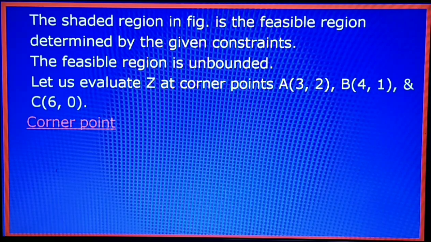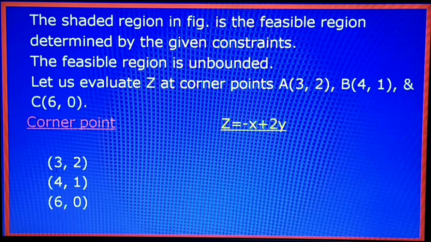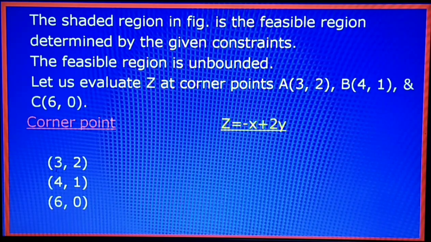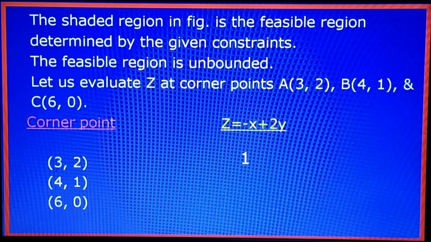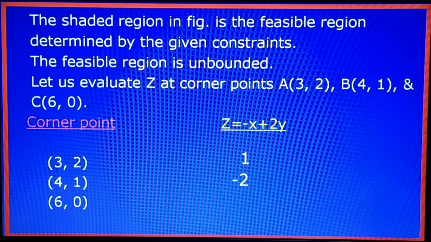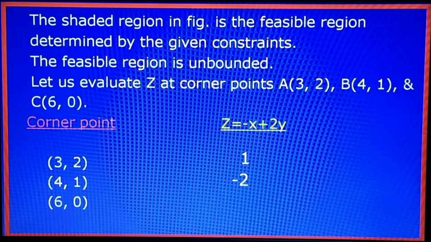Corner points. When x is equal to 3 and y is equal to 2, then z is equal to 1. When x is equal to 4, y is equal to 1, z is equal to -2. When x is equal to 6 and y is equal to 0, then z is equal to -6.